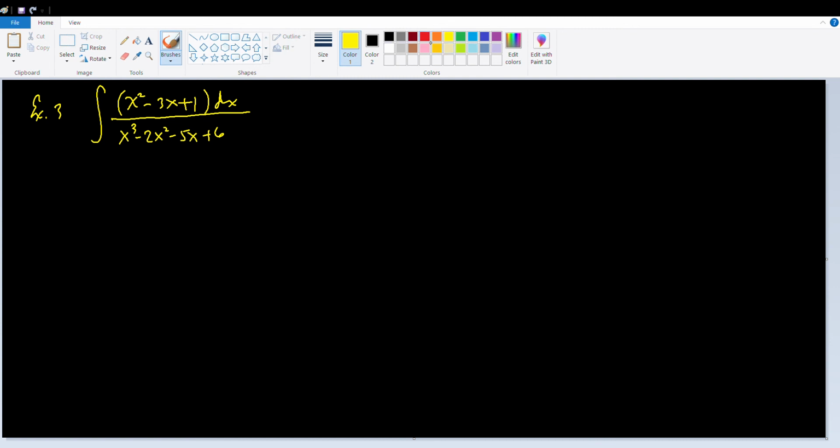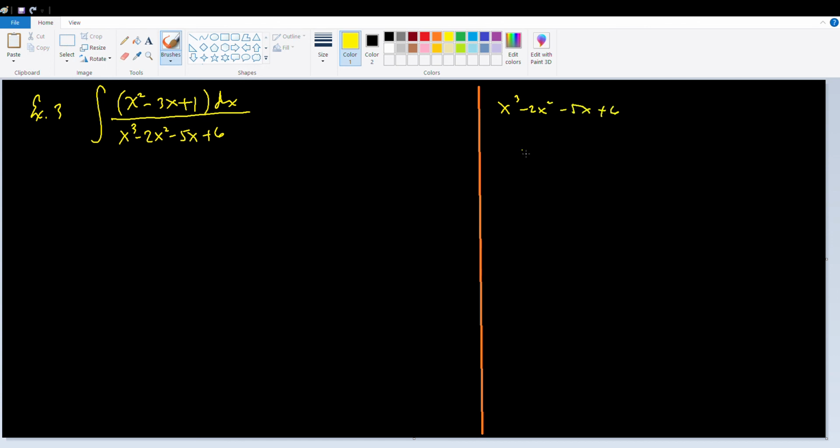So let us have a space to work on. x cubed minus 2x squared minus 5x plus 6.